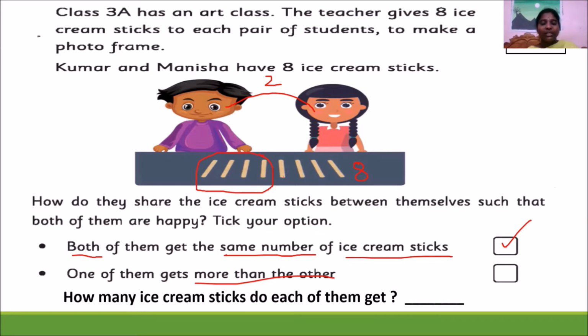Next, you have to count the remaining ice cream sticks. 1, 2, 3, 4. Very good. You can give these 4 to Manisha. Now you have to answer: how many ice cream sticks does each of them get? Yes, see, Kumar got 4 and Manisha also got 4. Now tell me, how many ice cream sticks does each of them get? Very good, 4.